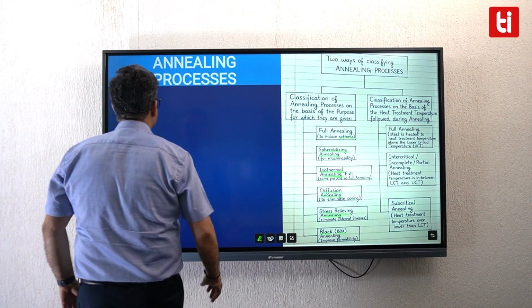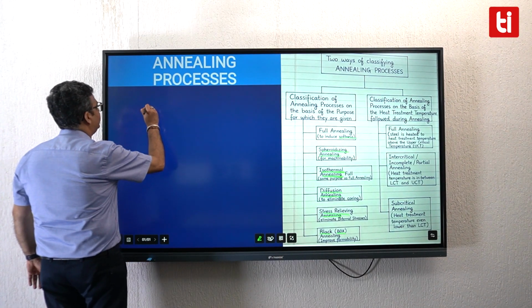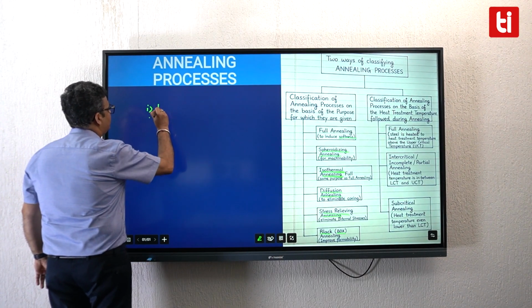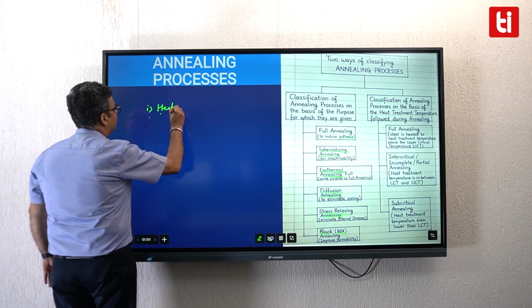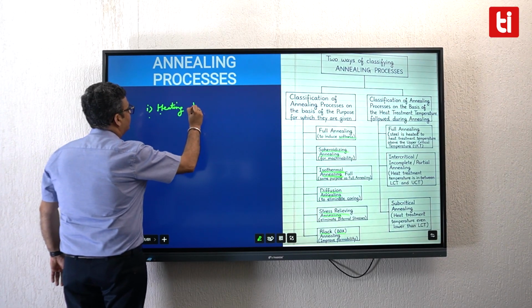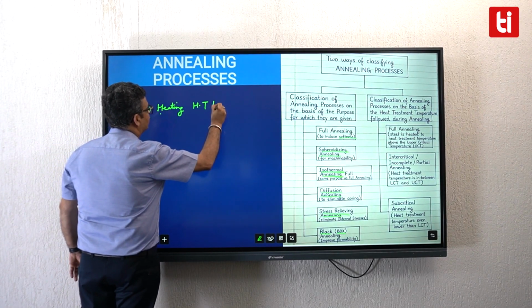And that is on the basis, as I said, in every heat treatment process, there are three main steps. The first step is heating the steel to a particular heat treatment temperature.